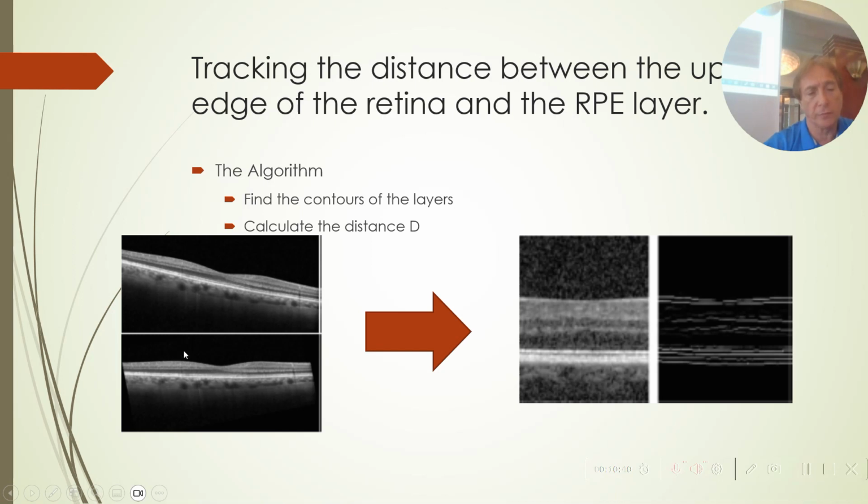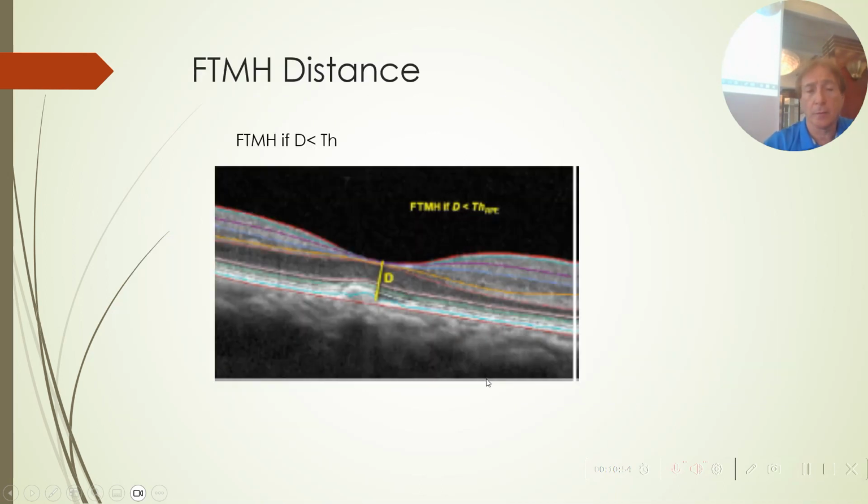After this we do some segmentation, and after segmentation, we generate contours. In this generated contour image, it is easier to calculate this distance. Before that, we need to define where this RPE layer is.